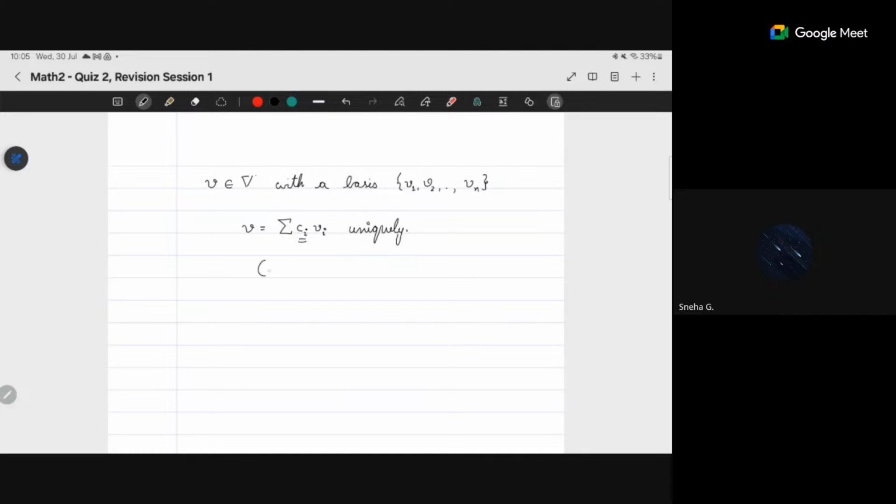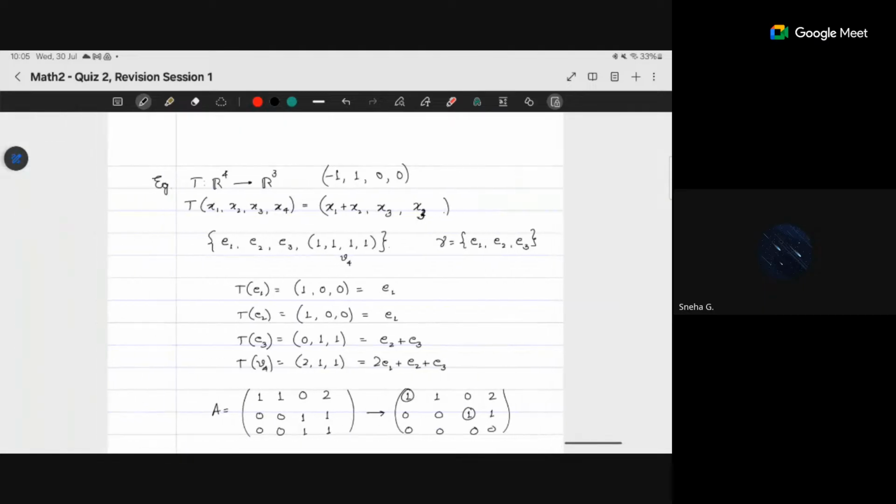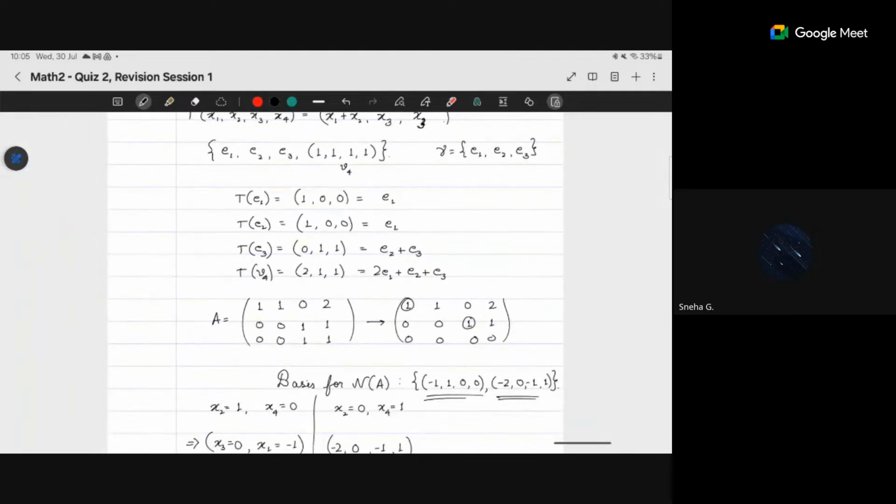So this C1, C2 up to Cn is what I call the coordinates, or the coefficient vector, for this vector. What we are doing in the beginning is looking at images of the basis vectors and writing their coefficients as the columns. That is how you get the matrix representation.